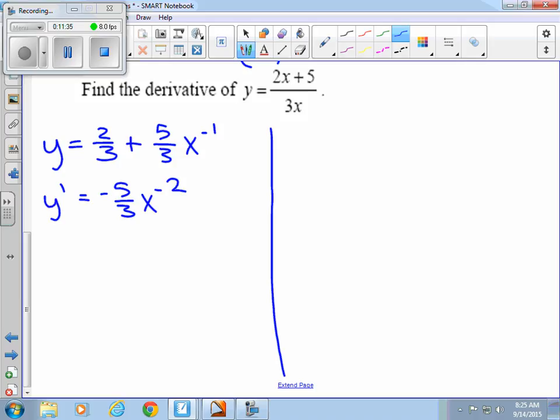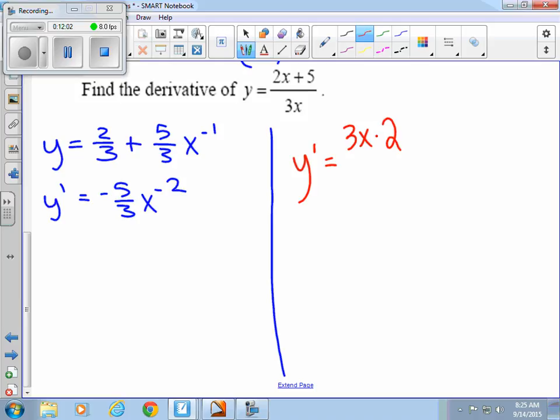Good question. So now I'm going to do the quotient rule, and sometimes we will have to. You'll see on the next slide problems that we have no choice but to do the quotient rule. And it's not terrible. I'm going to do the bottom, low, just the bottom by itself, times the derivative of the top. What is the derivative of the top?